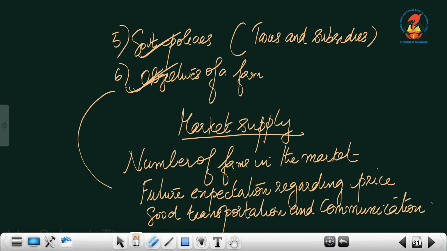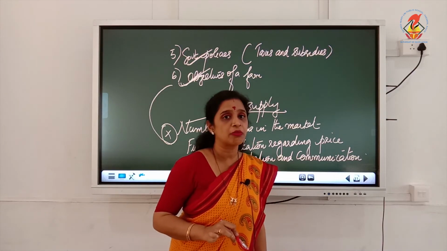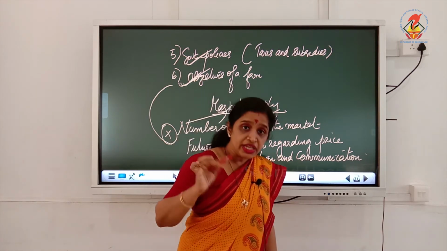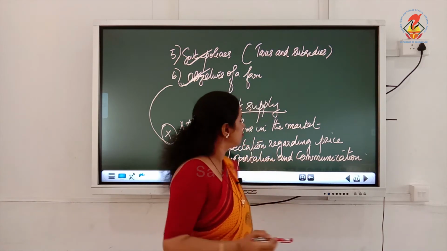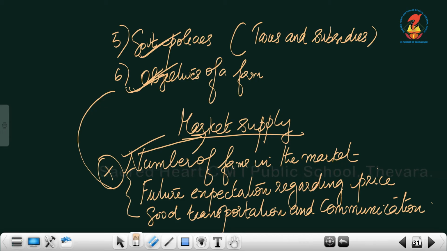Along with these points, there are 3 more points which influence the market supply. Which are the other 3 points that you have to write? So, for the exam, if the question is asked what are the factors which influence the market supply, you have to write the first 6 points of individual supply. Along with that, you have to add these 3 also. Now, market supply is influenced by the first 6 factors of individual supply plus 3.